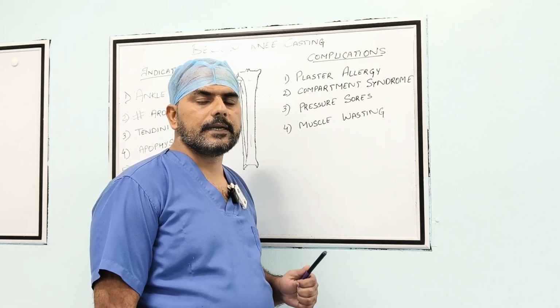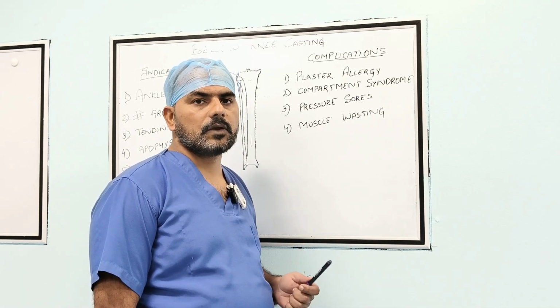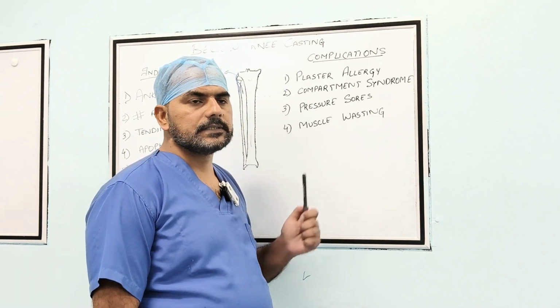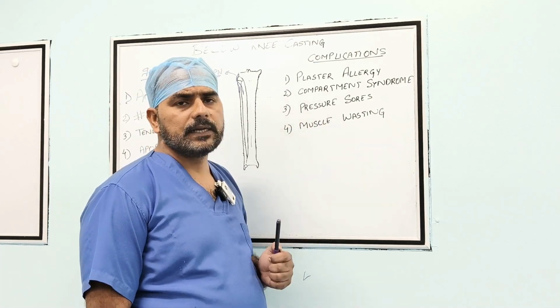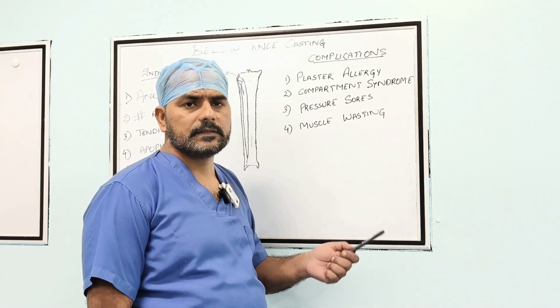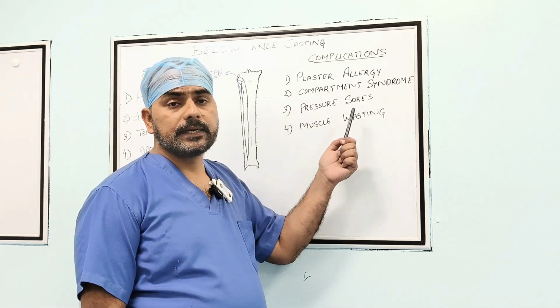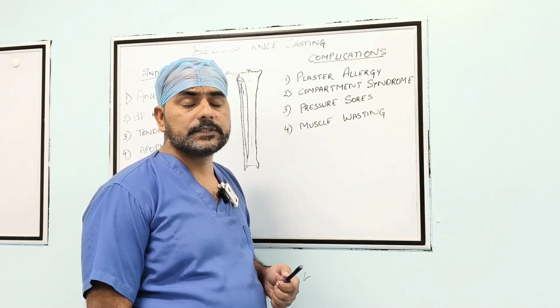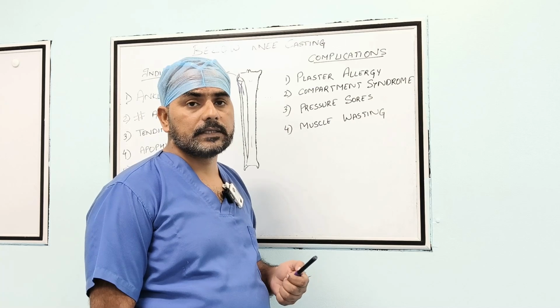So why is learning the correct technique of Bologna plaster application, or any plaster, important? If we don't apply it in a correct way, then we can lead into certain disasters or complications. I have just mentioned a few complications here. There can be plaster allergy in some patients, which can lead to redness, erythema and pruritus. If the plaster is too tight, it can even lead to compartment syndrome, which is a disaster and which one should never encounter in his practice.